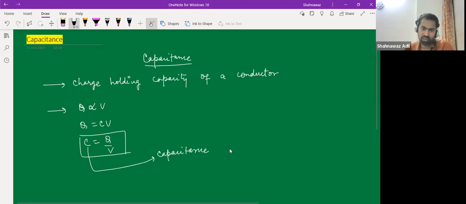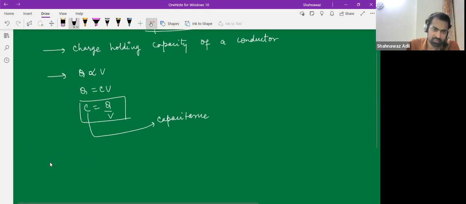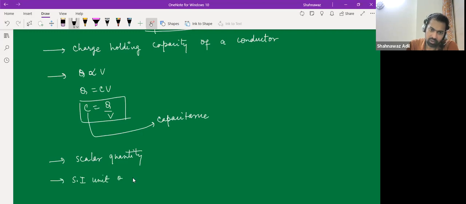This is a scalar quantity. And the SI unit of capacitance is what?